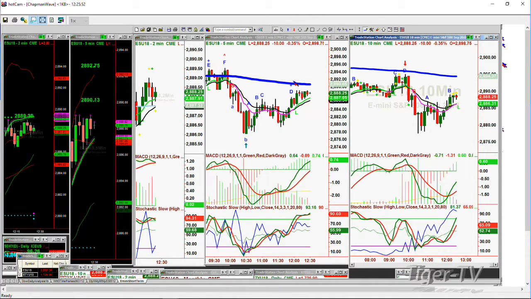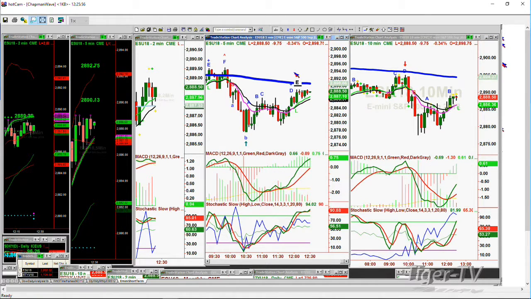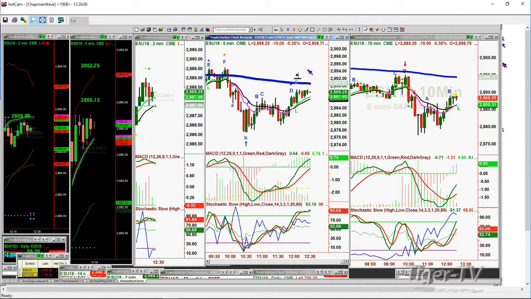So I use it. It's ironic that I have on the same chart a 200-period look-back exponential moving average. I mean, that's 200 10-minute or 200 5-minute bars. That's a long time. And at the same time, I have a 9. I actually have a 9 and a 14.